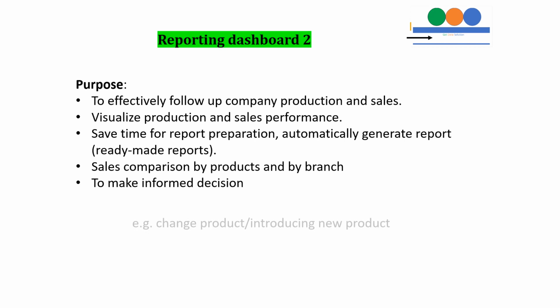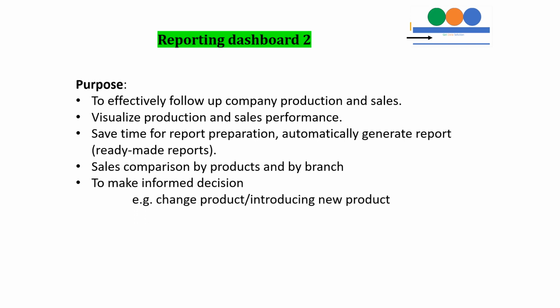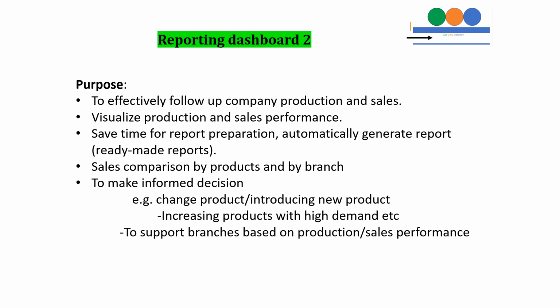To make informed decision, for example, where we need to change a product or introduce a new product based on our data, increasing product with high demand or dropping products that are not demanded, or to support branches based on production and sales performance. So those are some of the information we get from this dashboard to make informed decision.